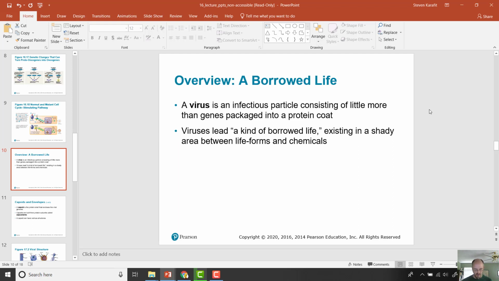So viruses are an interesting hybrid between life and chemistry. They're not quite alive, but they kind of act like it in that they get replicated. They don't replicate themselves. They hijack our machinery. And the problem is they often destroy cells in the process of being made. They don't just leave and go on their way.